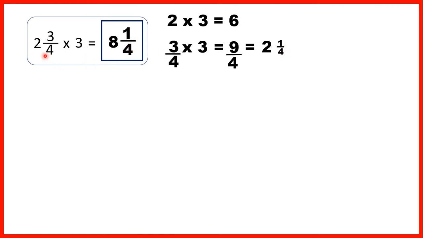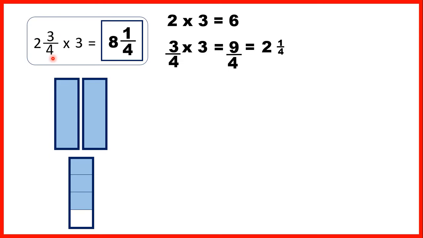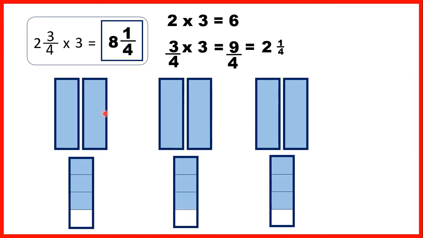But let's think about what multiplying a mixed number is really about. To show 2 3/4, we can show 2 whole bars and then 3/4 of another one. We're multiplying by 3, so we can show 2 3/4 3 times. So how does that give us 8 1/4?